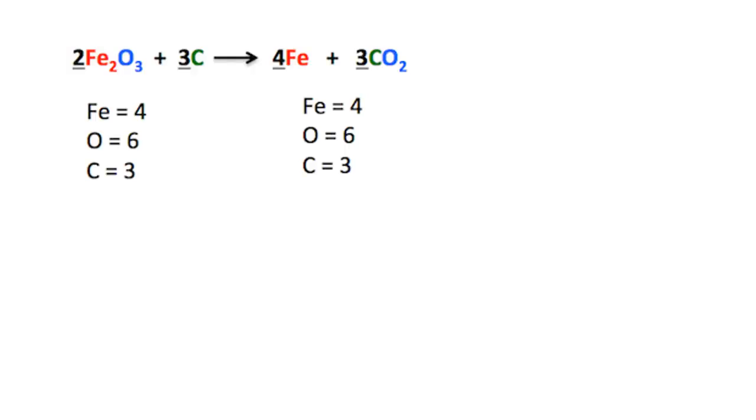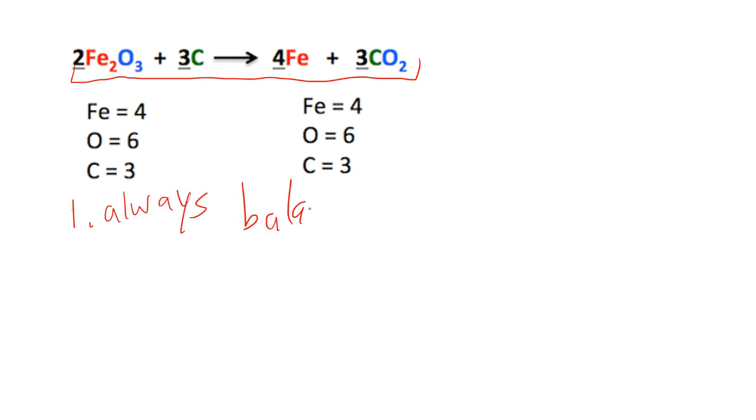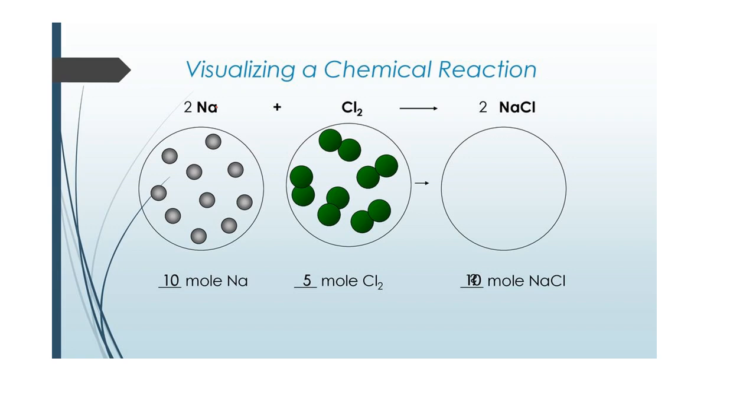But how do you do that using a more skeleton equation, without pictures or anything like that? Well, we see here we have an equation and it's balanced. Remember, whenever we're doing stoichiometry, always balance it. It must be balanced, because only when we balance it do we know how much of what reacts with how much of what.